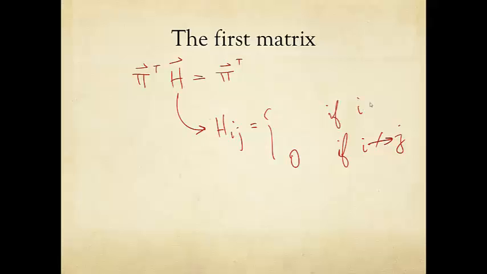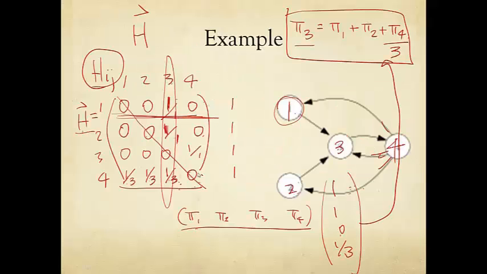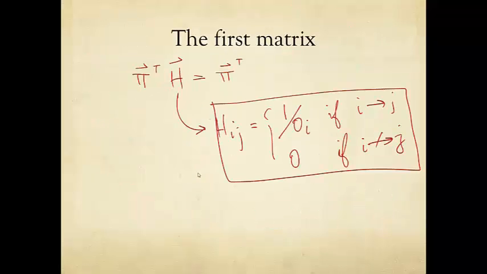But if i does point to node j, it is nothing but 1, normalized by the out-degree of node i. That's the general definition of matrix H, which you can check is exactly what you got from this numerical example. So generally, you can define the ijth entry of matrix H as such.